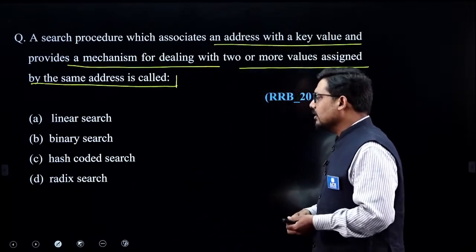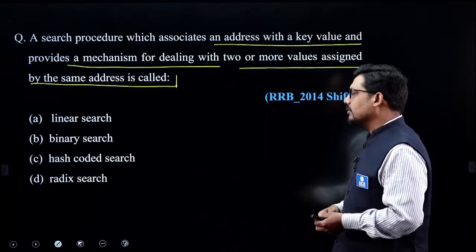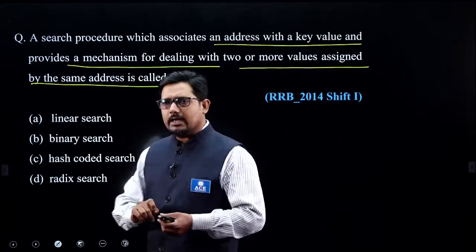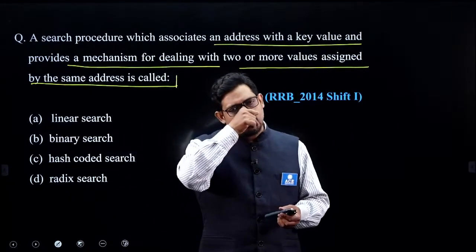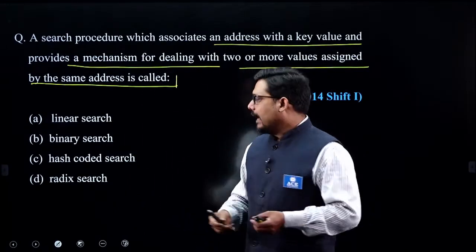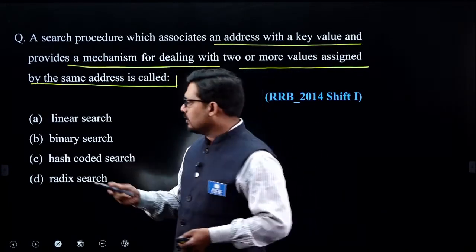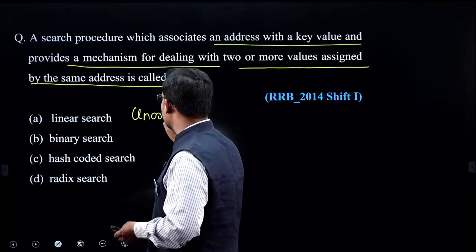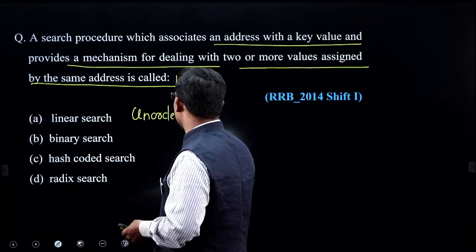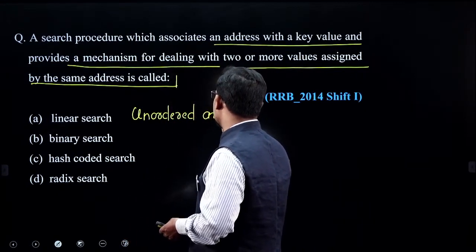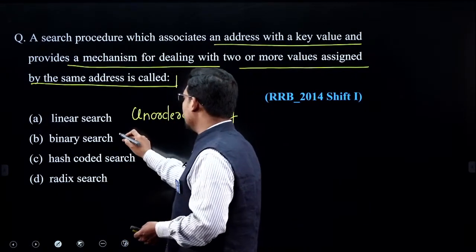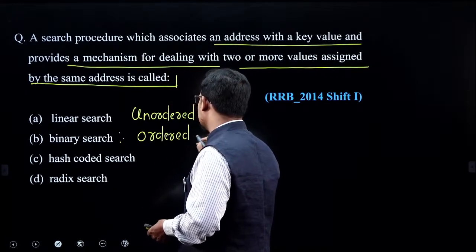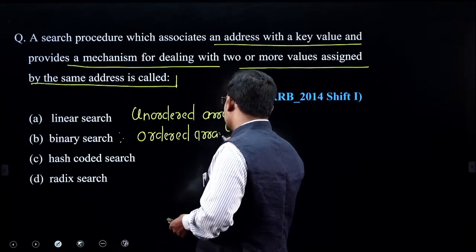Linear search is a searching mechanism where we search the elements one after another in a linear fashion by using a for loop. Linear search is used for an unordered array, and binary search is used for an ordered array. I am not entirely going into the concept, just a small thing.